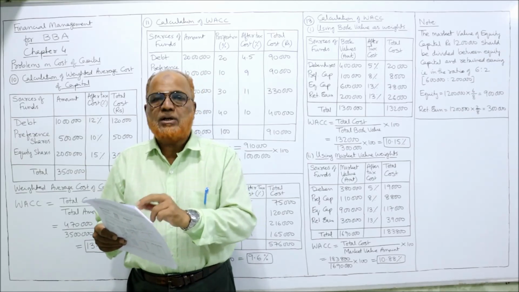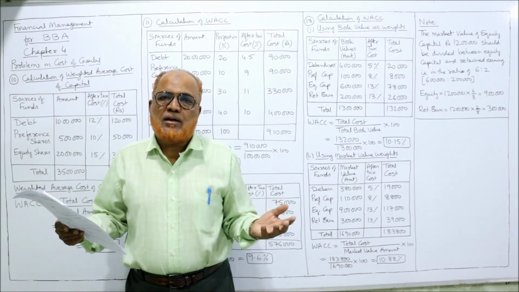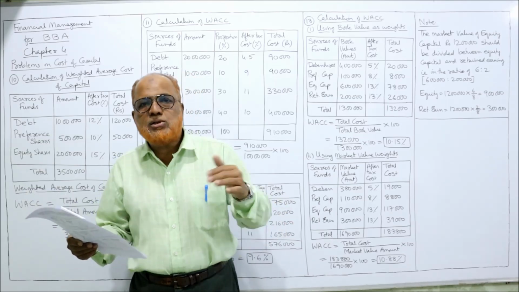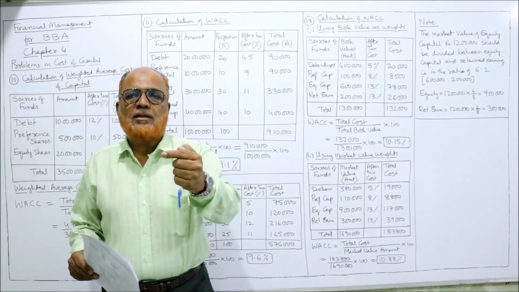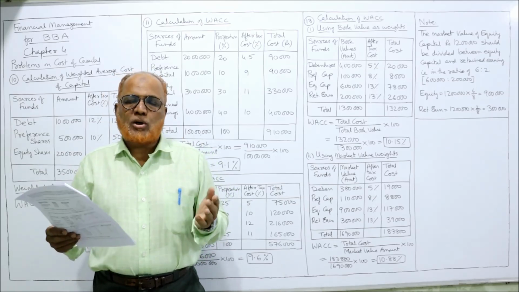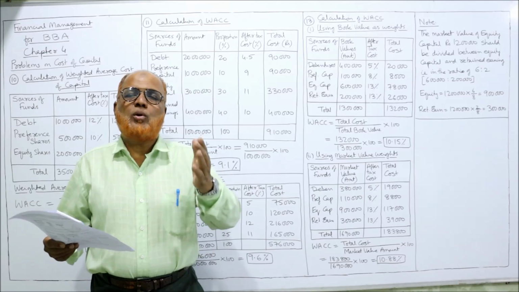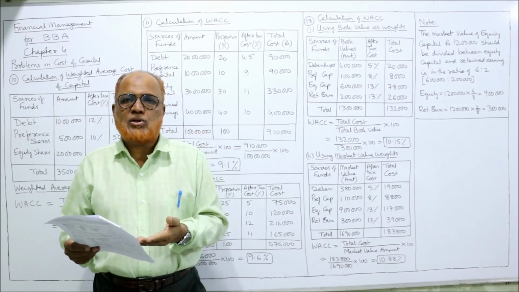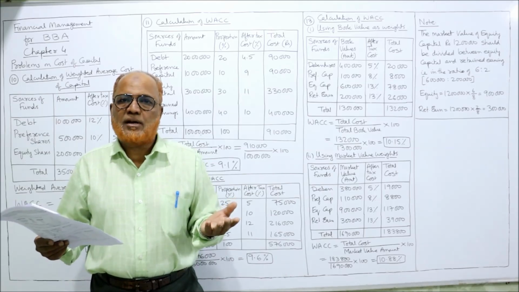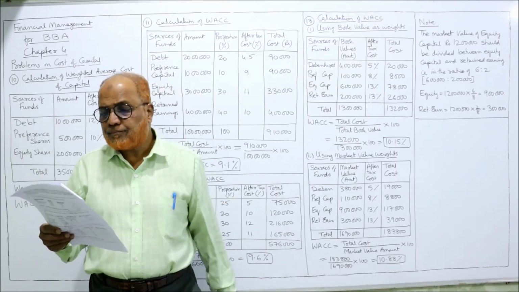The cost of equity is 13%. So we can take cost of retained earning also 13%. That is the assumption. In examination, you should write the note that cost of retained earning will be equal to cost of equity, assuming that there are no flotation costs by the shareholders and tax rate is not given.